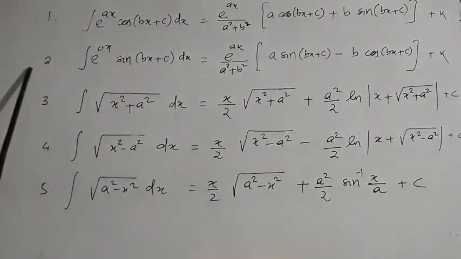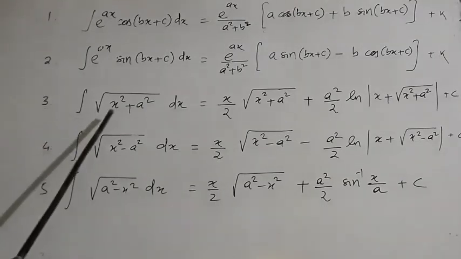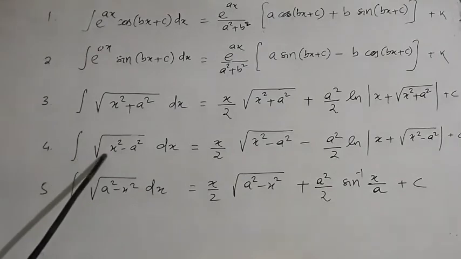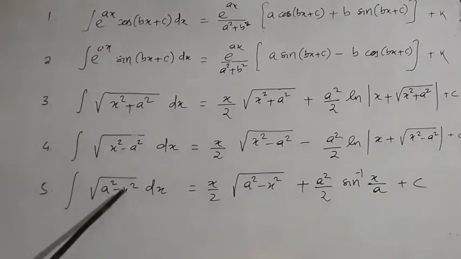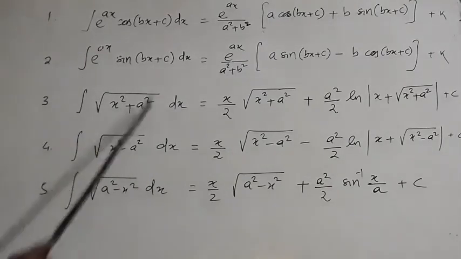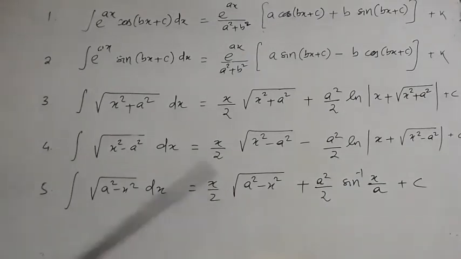Now by this method you have to remember this formula, because it is very important from the exam point of view. Number 3: root over x square plus a square, root over x square minus a square, root over a square minus x square. Look, there is a lot of similarity. You can remember within 1 to 2 minutes if you look at it properly.